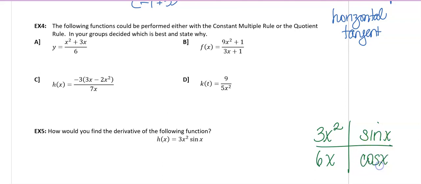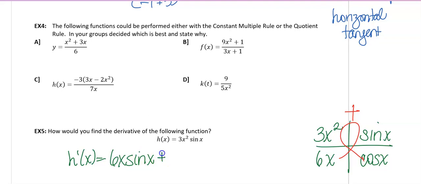You do need to memorize that. And now I'm ready for h prime. Let's do our bow tie, and it is a product, so it's plus, and it should be 6x sine x plus 3x squared cosine of x.